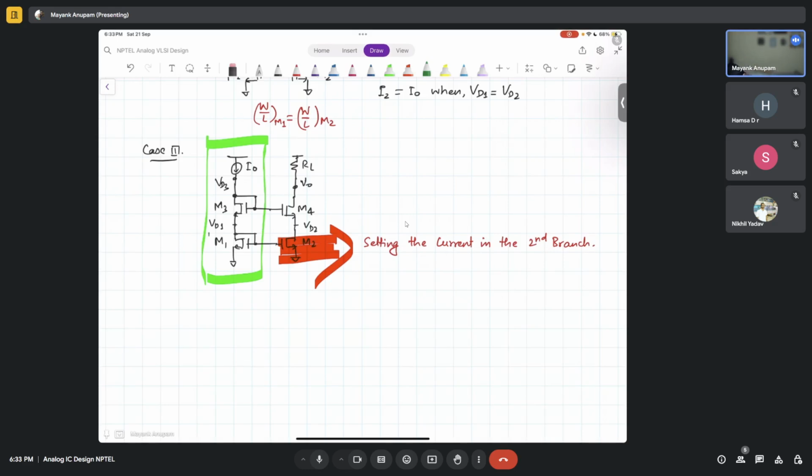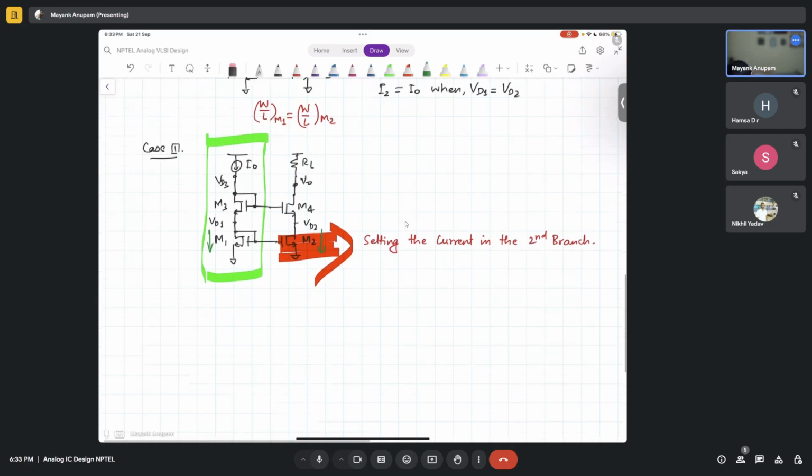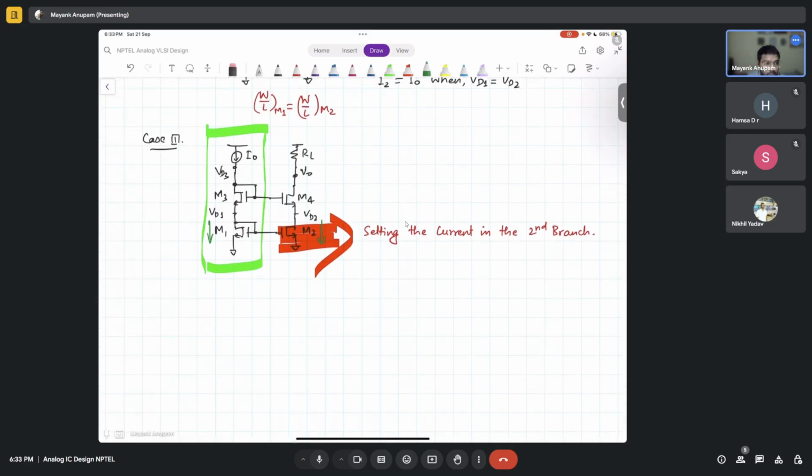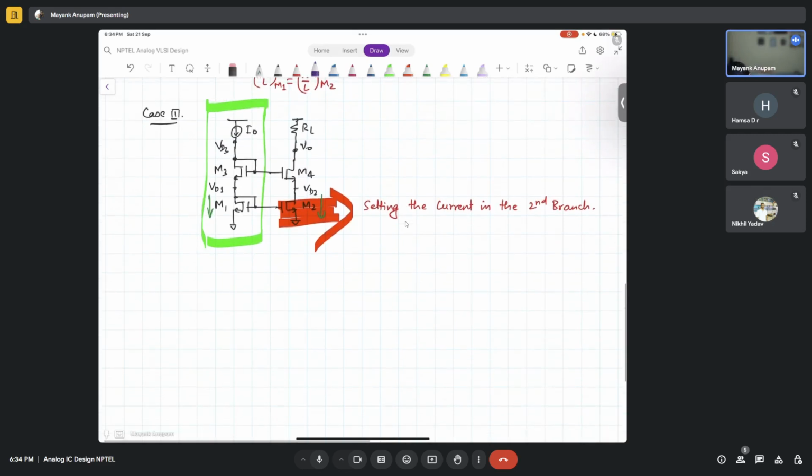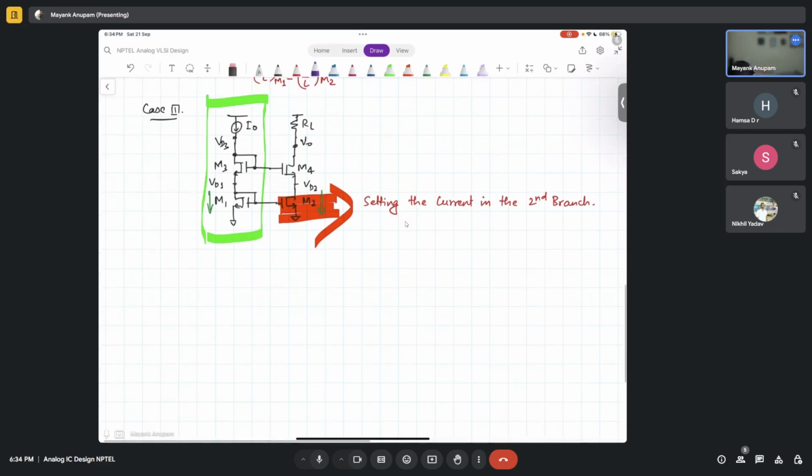Okay. Now that you have understood this, for the current to be the same for M1 and M2, what has to be same? If I want to make sure that the current in M1 and M2 have to be same, what all things have to be same?